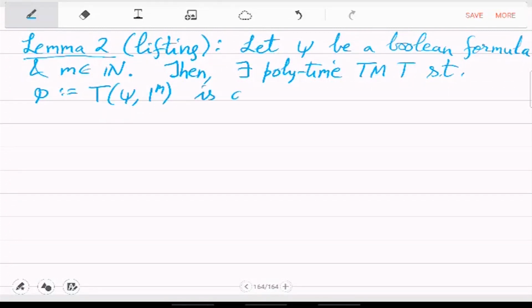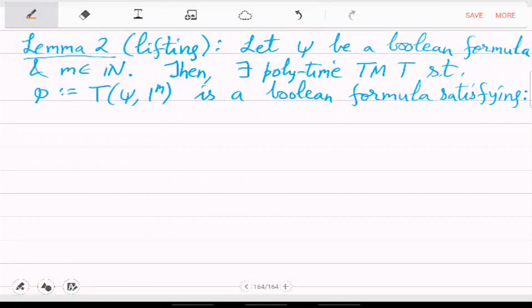It's a Boolean formula satisfying the following.